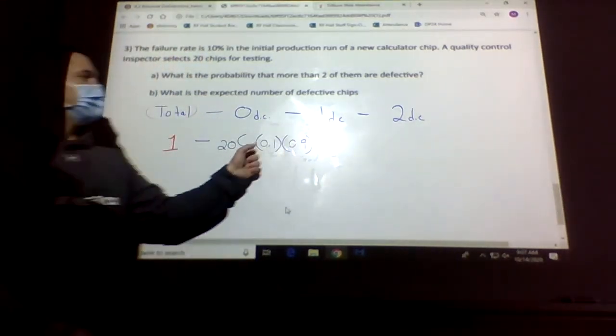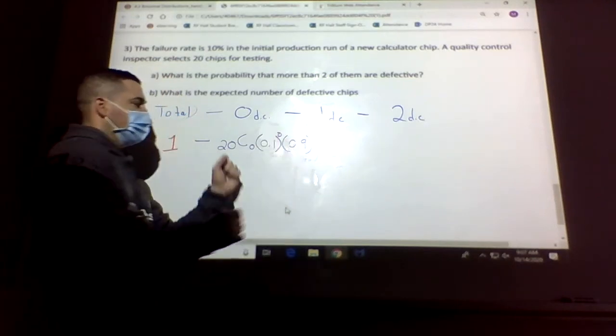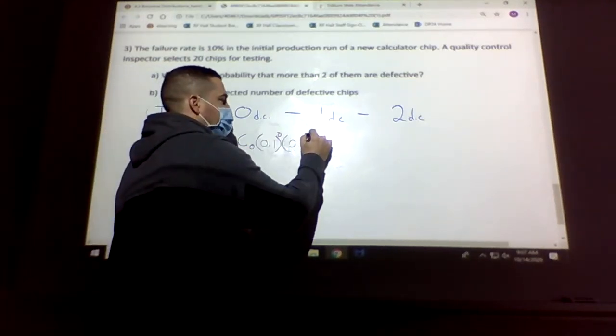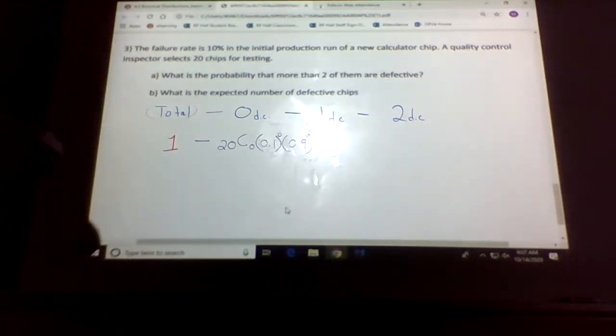And then again, same with the exponents. Our x is 0, the first one's 0, and then 20 minus 0 is 20. Okay, and then we're going to continue it for 20 choose 1 and 20 choose 2.